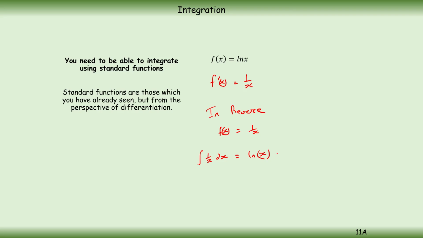But we can't forget our constant. However, we've got to remember with log of x that we've got to use our modulus sign, because it's got to be positive. We can't have the log of a negative value. It doesn't exist. If you remember from our graph of log of x, quick sketch, it tends to 0 there and branches off like that.